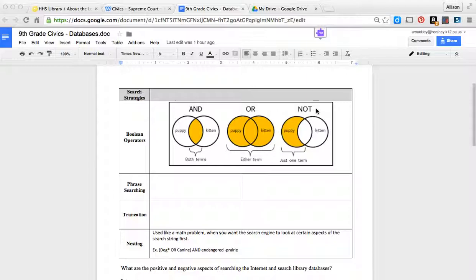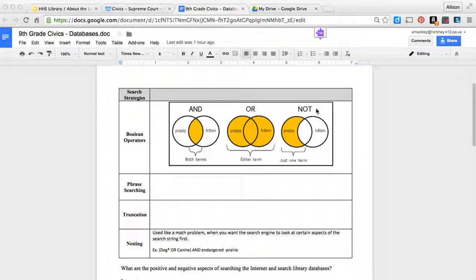Not is the last one. In Google, years ago, you would actually use the capital word not. Google changed recently, and now you use a minus sign.